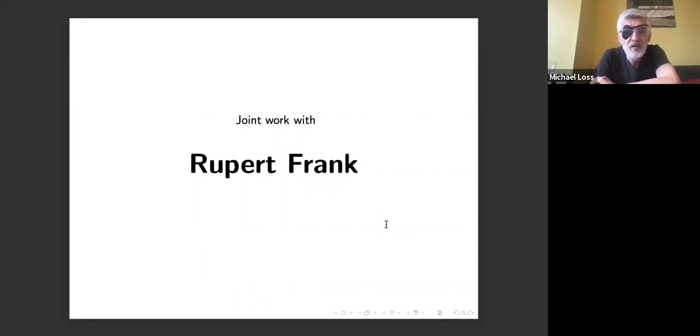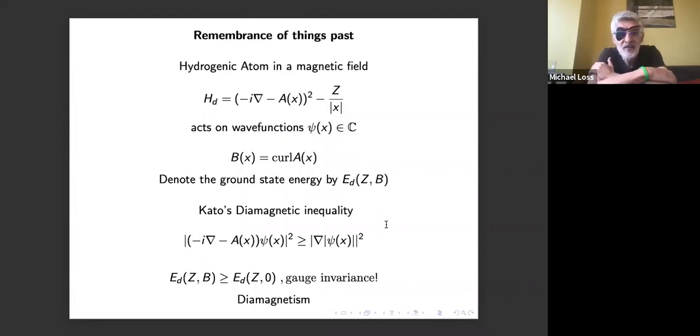Before I get into zero modes, I would like to tell you a little bit about remembrance of things past. The story is, if you take a hydrogenic atom in a magnetic field, hydrogenic because I would like to have the charge number variable, then it's the usual minimal coupling: minus i grad minus A squared minus Z over |x|, and the magnetic field is given by the curl of A. If you are interested in the ground state energy, there's a wonderful inequality, namely Kato's diamagnetic inequality, which I've written down here at the bottom.